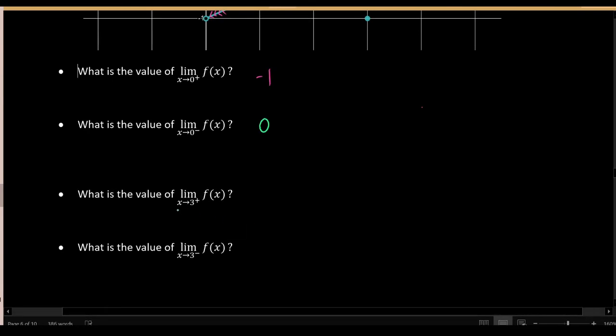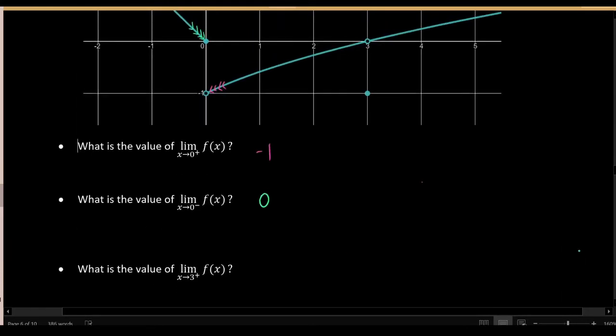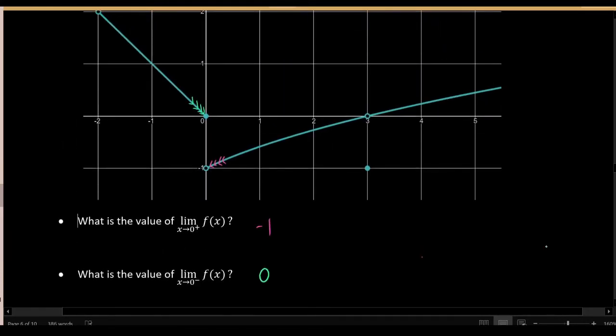What is the value of the limit as x approaches 3 from the right of f of x? So in this case, I'm going to locate x equals 3, but I don't care what's happening at x equals 3. I only care what's happening near x equals 3 on the right-hand side.